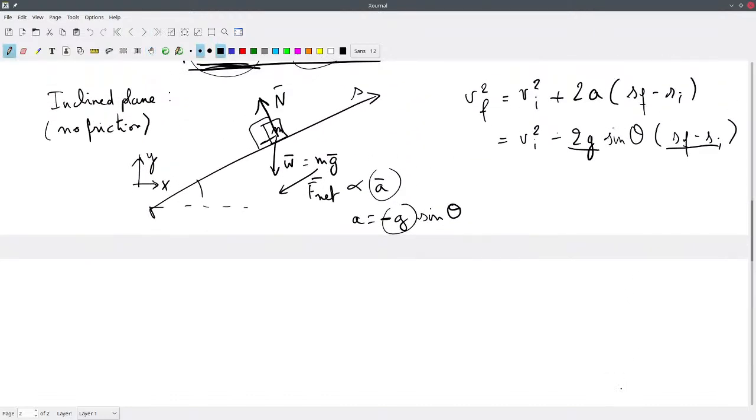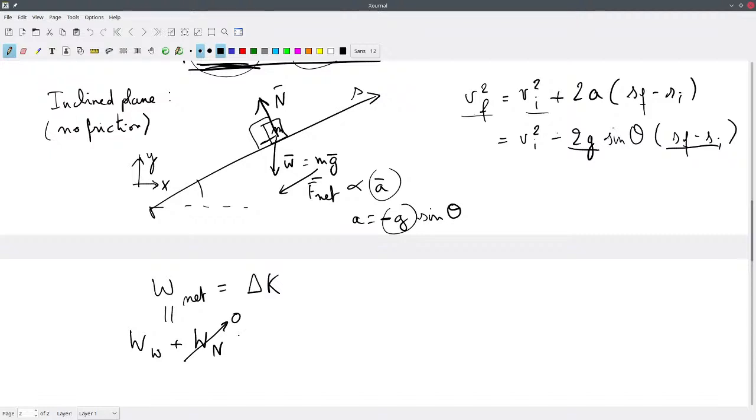In the work energy theorem, if we have an initial and a final state, we can write that the net work is going to be equal to the change in kinetic energy. So what's the net work? It will be the work due to the weight plus the work due to the normal force. Now, one thing we've talked about last time is that the work done by normal forces is always 0.